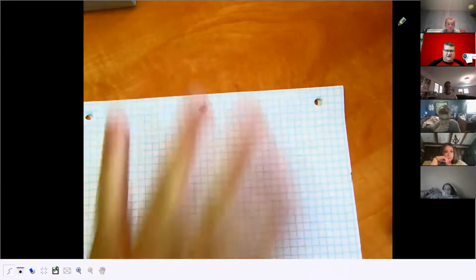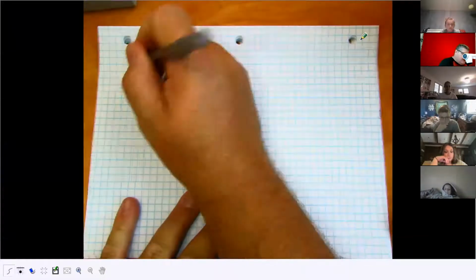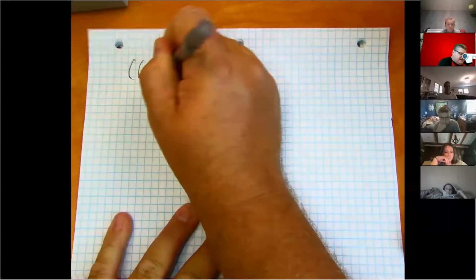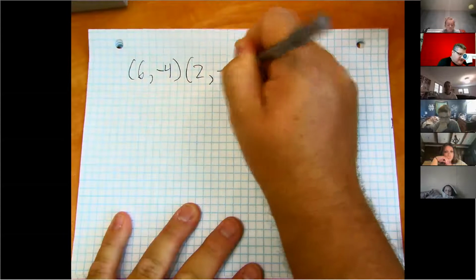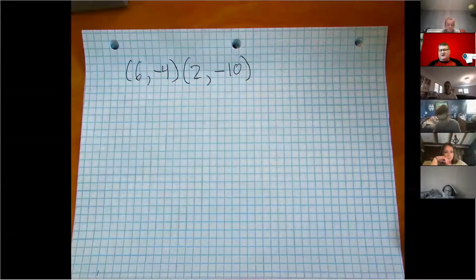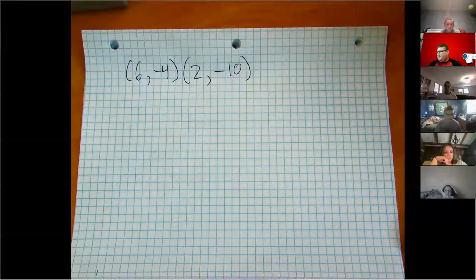Yes? Excellent. Okay, so here we go. 6 comma negative 4, 2 comma negative 10. Everybody do the slope of those 2 points right now. Go on your piece of paper, which of course you have right in front of you because you're in math class.